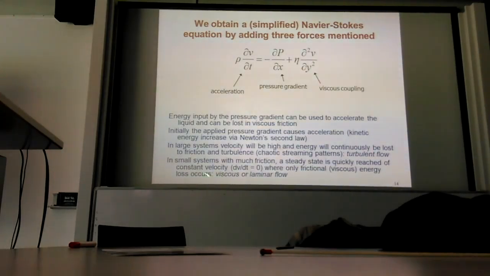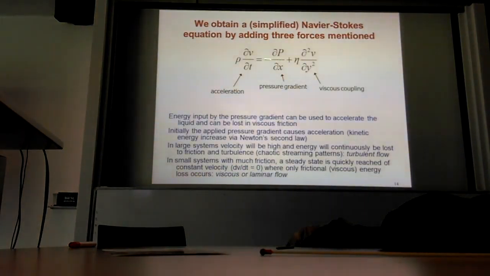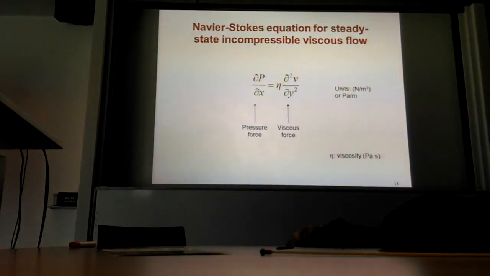But in small systems with much friction, we quickly reach a steady state with a constant velocity, no acceleration anymore, dv/dt is 0, and only frictional forces will be important. And then this will be the equation that we will be dealing with in microsystems. Pressure input and friction. That's it.